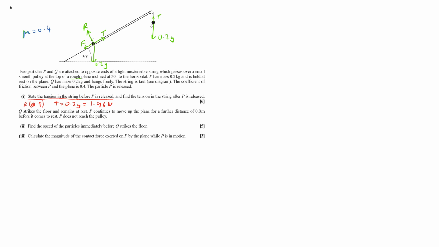And now I'll do the second bit: find the tension in the string after P is released. Okay, so now it's released, so there's going to be an acceleration going in here. So let's put the acceleration going in there. It's an inextensible string, so it's just like it's completely connected, and therefore the acceleration will be the same each side. I'm going to take the right hand bit here.